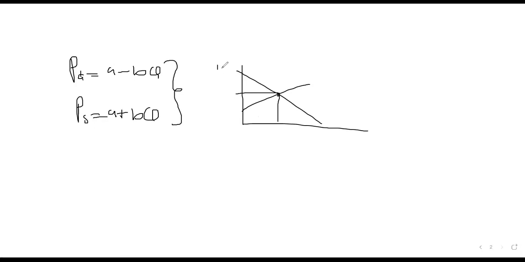So if you have a diagram like this, the diagram typifies the relationship that illustrates consumer theory at equilibrium. At equilibrium, demand is equal to supply.